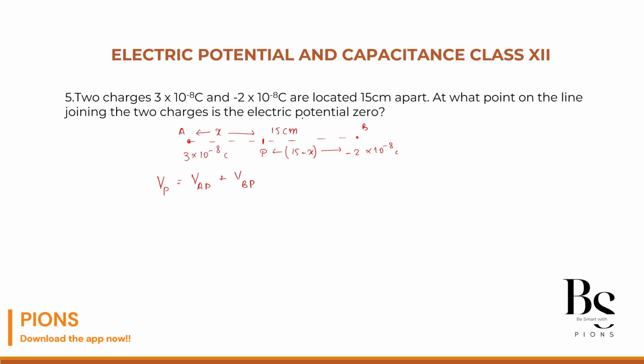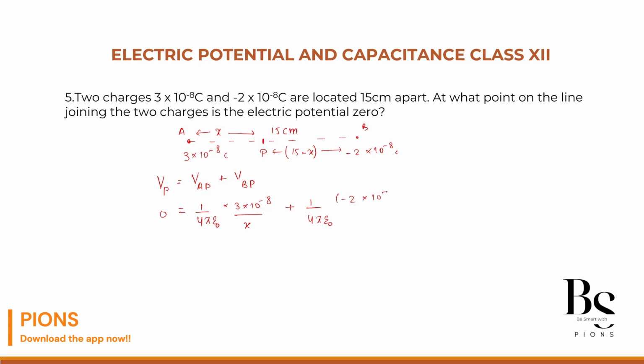As per the question, the potential at point P must be 0. Net potential here is 0, so let's put 0 here. Now what is VAP? VAP is 1 by 4 pi epsilon naught, the first charge, which is 3 into 10 to the power minus 8, upon the separation X. I hope this is clear. Plus 1 by 4 pi epsilon naught, the second charge. Be very careful, I am taking the negative sign.